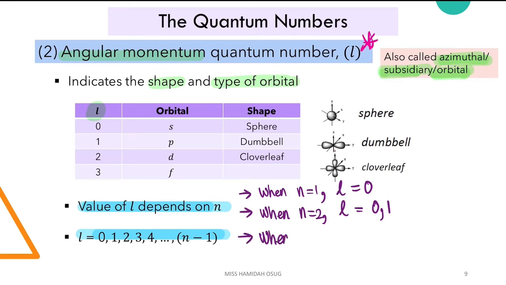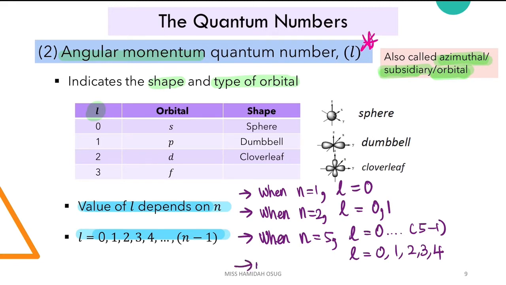When n equals 5, the value of l starts at 0, up to 5 minus 1, meaning the value of l should be 0, 1, 2, 3, and 4. And lastly, when n equals 4, the value of l should be 0, 1, 2, and 3.